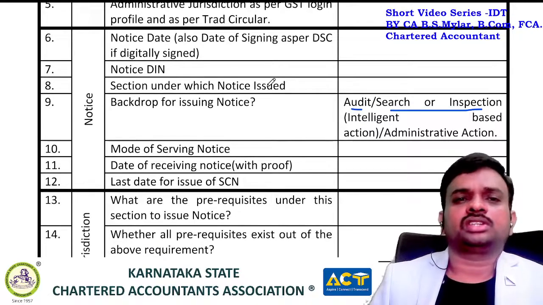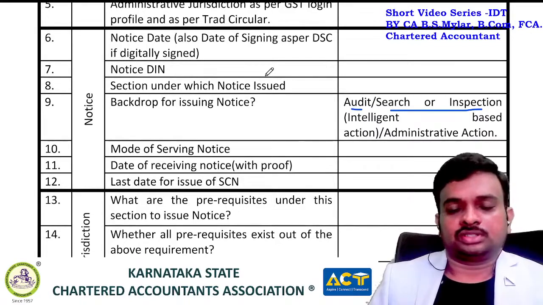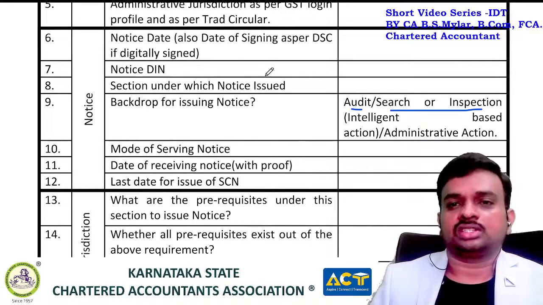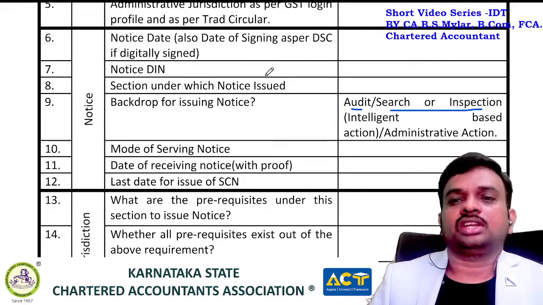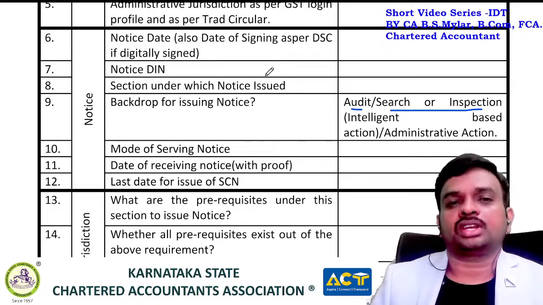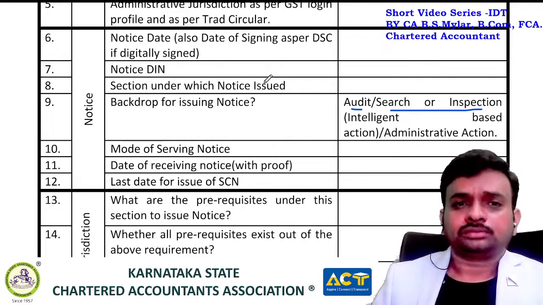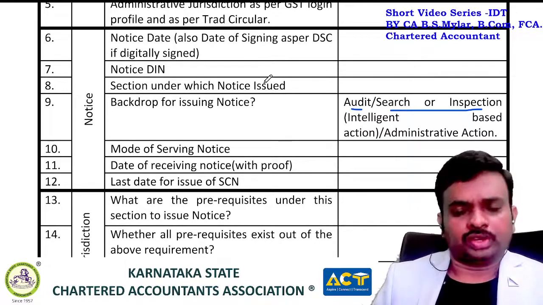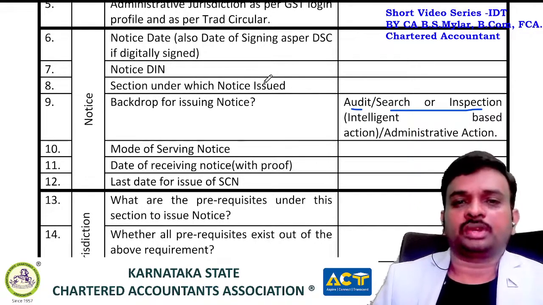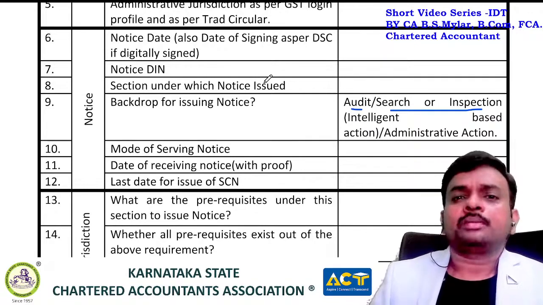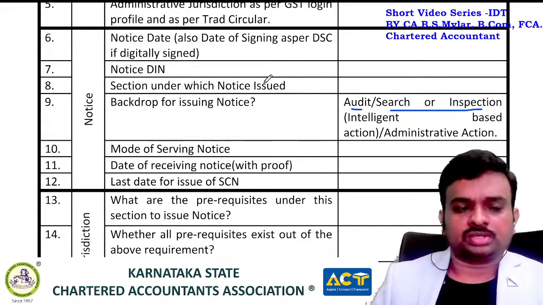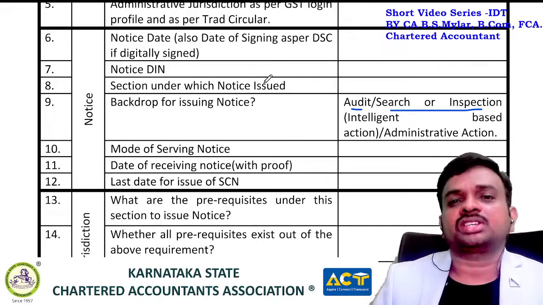Then the notice DIN, because as per the circular, if there is no DIN, it is not a valid notice. You go to the website and check the DIN and ensure that the DIN is valid. The section under which the notice is issued is usually important, because we will deal with the prerequisites for issuing the show cause notice. Based on the section, there are some prerequisites the department has to satisfy.